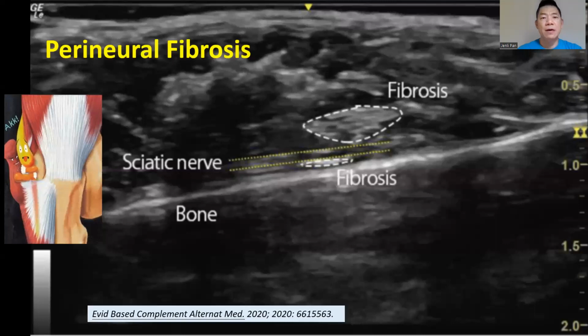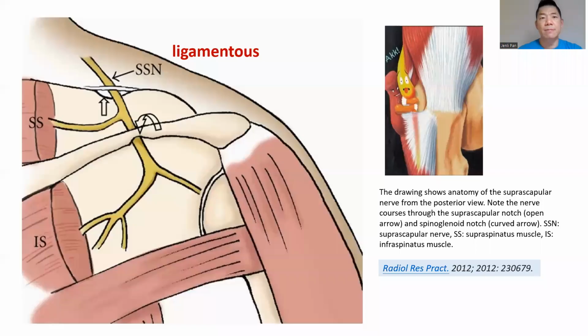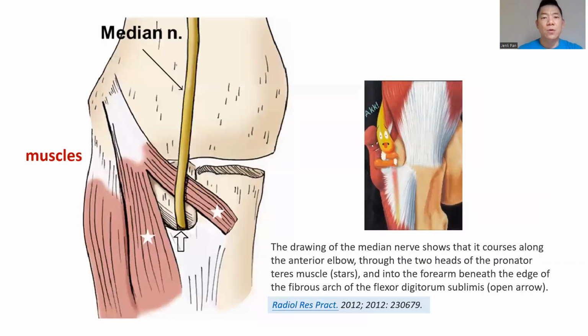So this can happen by perineural fibrosis, by a ligamentous compression like a suprascapular ligament, or it can be a bony structure like the sphenoid notch, or it can be compressed by two heads of muscles like peroneal tears, or a fibrous arch like the fibrous arch of flexor digitorum sublimis.